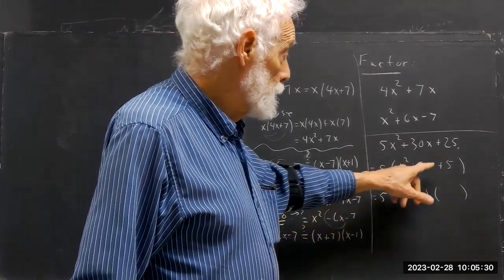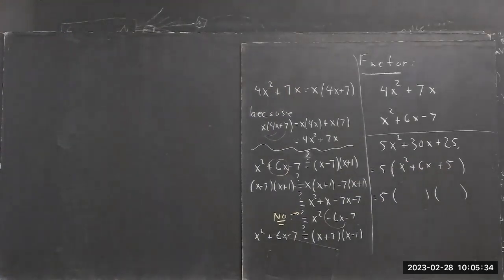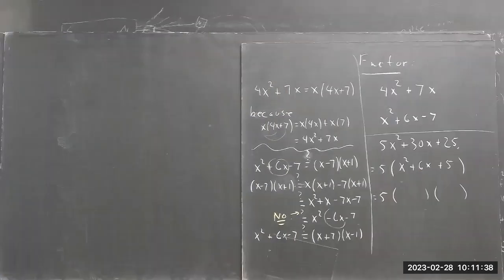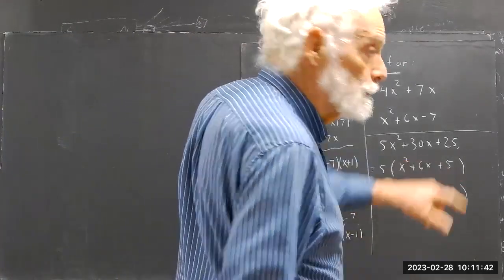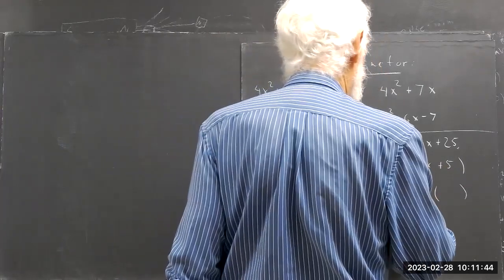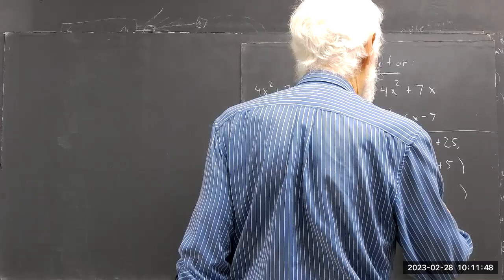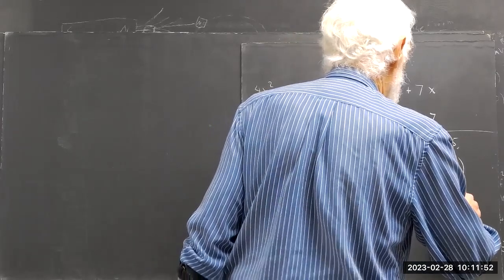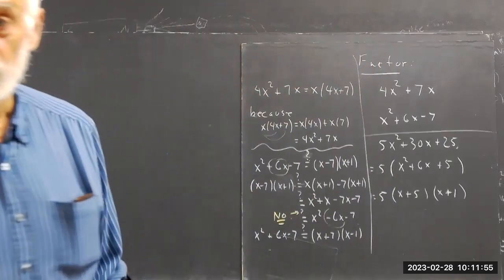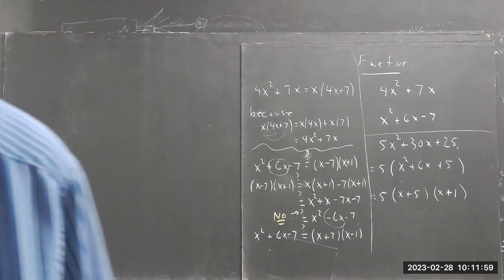How do you factor x squared plus 6x plus 5? X squared plus 6x plus 5 factors as x plus 5 times x plus 1. And nobody seems to be getting that.